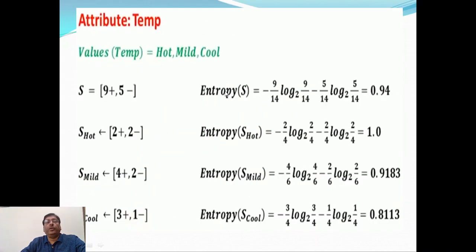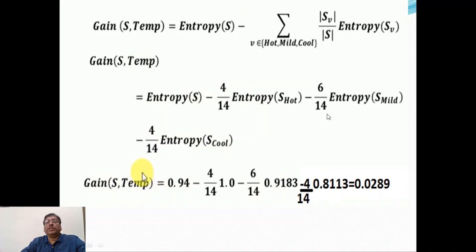Hot appears for 4 times, and then mild for 6 times, and cool for 4 times. So you will write 4 by 14, 6 by 14, 4 by 14 multiplied by entropy of hot, mild, cool and so on. So when you calculate this, you are going to get the output over here as 0.0289. So this is the information gain from the attribute called temperature.